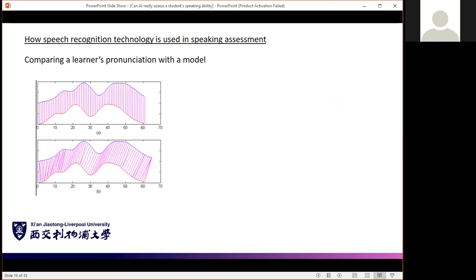And as the explanation we listened to before gave, it's about frequencies, and that can be digitized in this way. So speech recognition technology is used in speaking assessment by comparing a learner's pronunciation with a model: how it was spoken by the learner and how it should have been said.